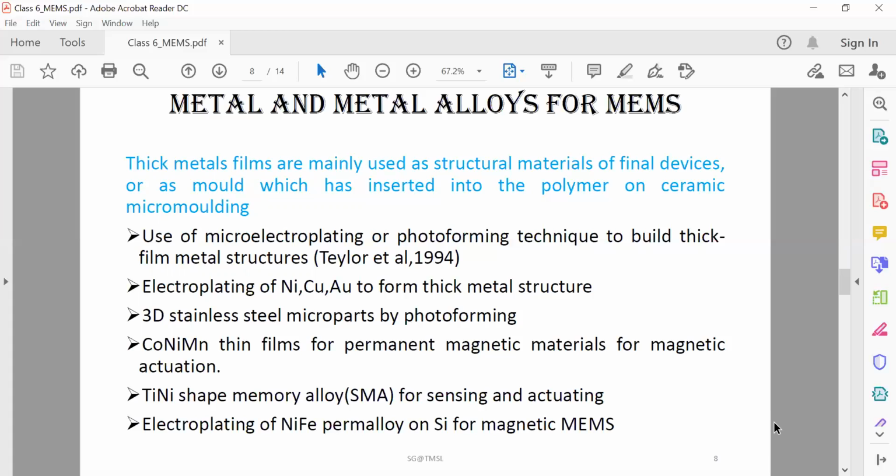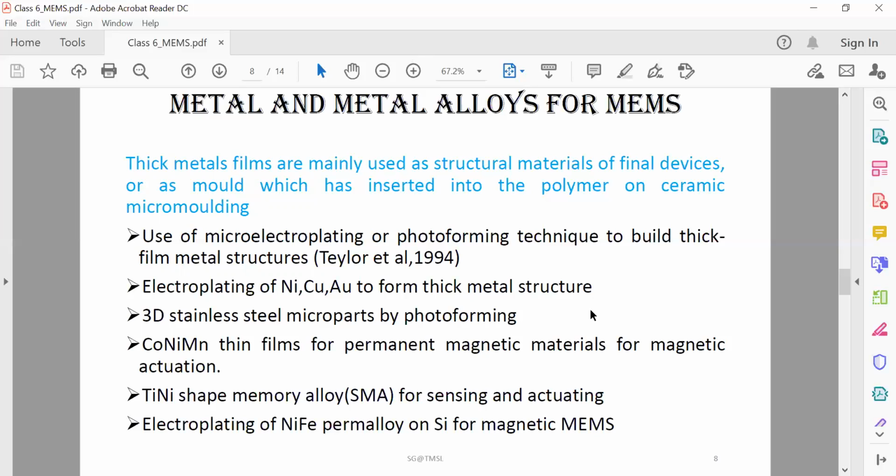So what do you mean by micro molding? And what are the molds? This is a technique by which you can make the mold or micro mold, and that is actually performed in micro machining techniques.